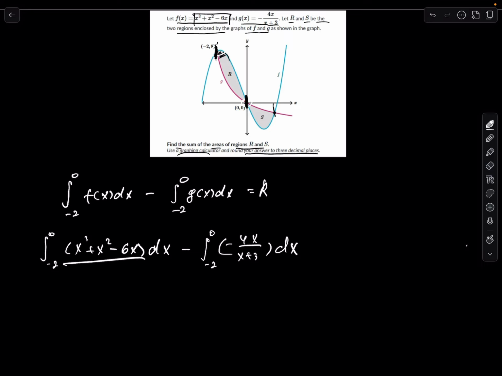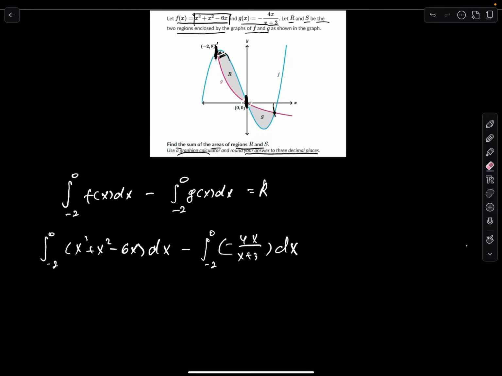This part is pretty easy. Just the reverse power rule, x to the fourth power over 4. So if you take a derivative of it, you'll get 4 here, and when you subtract your exponent by 1, you're going to get x cubed.